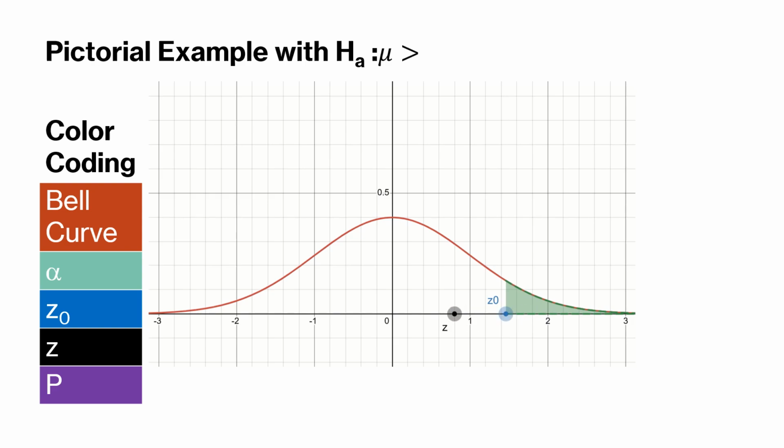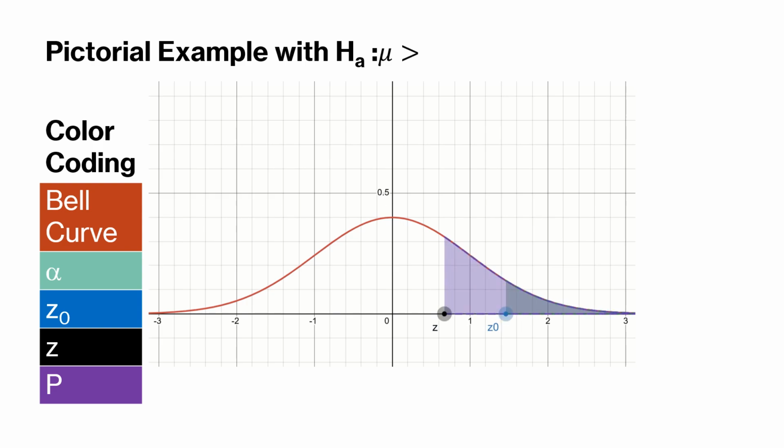Sometimes we are expected to find a p-value, and the p-value is bounded by that z, the same way that alpha is bounded by z naught. So when I move my z around, then my p-value gets bigger or smaller, because alpha represents an area, and then the p-value also represents an area, but my alpha is the area that's my level of significance that came from my original problem, and my p-value is the area that is bounded by the standardized test statistic that I found.